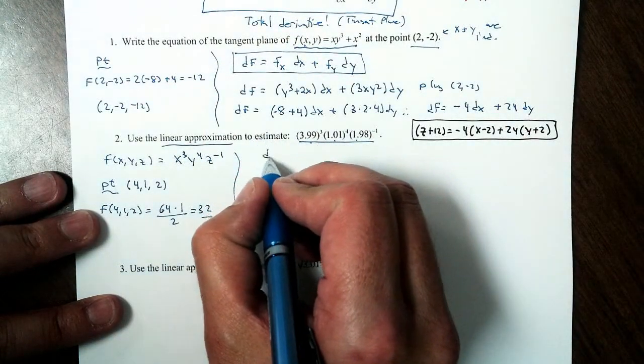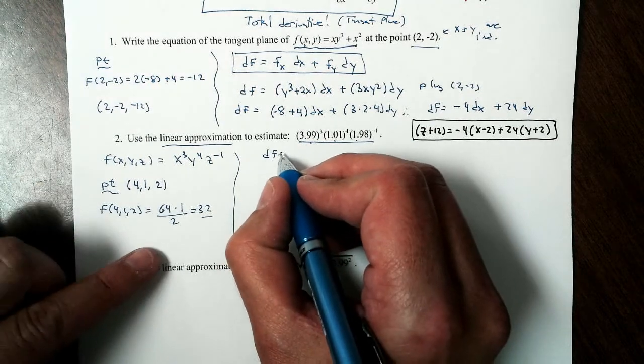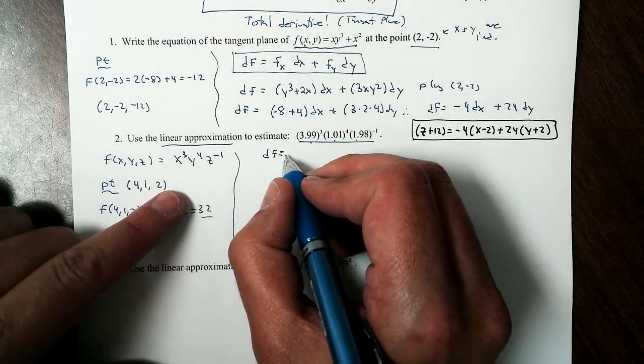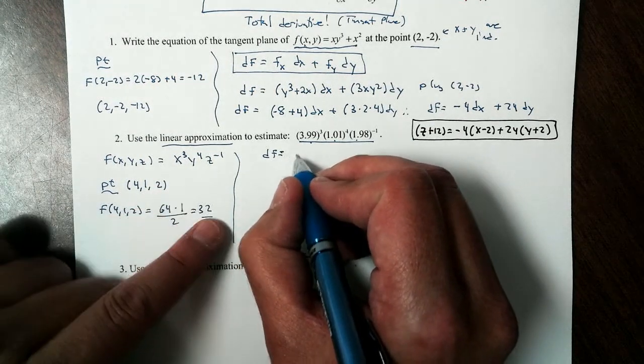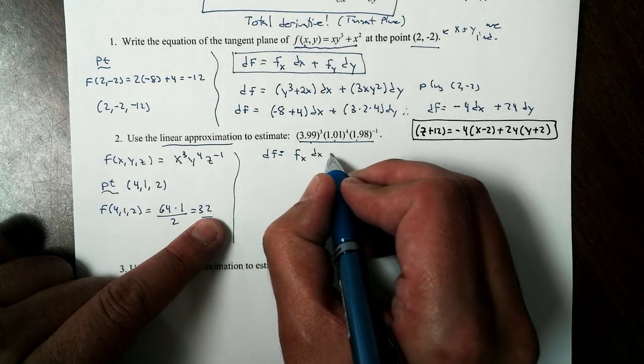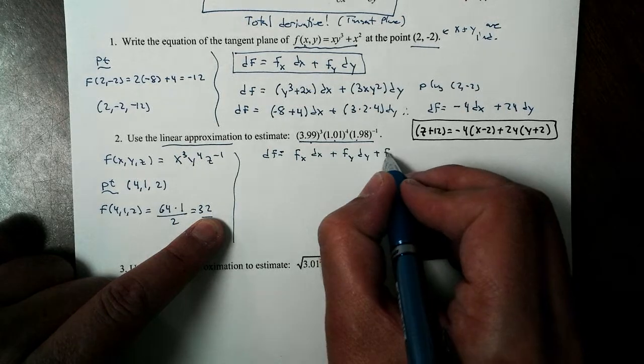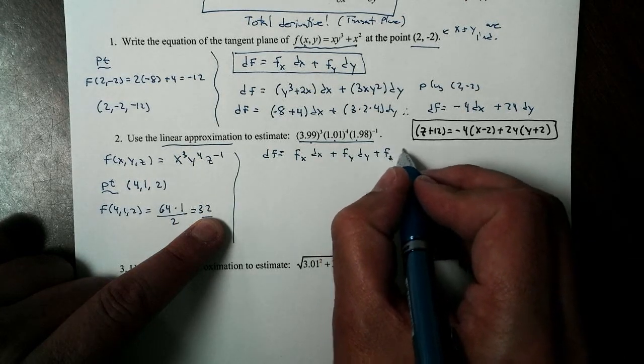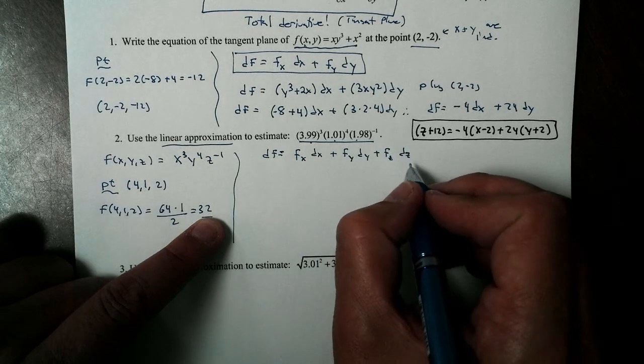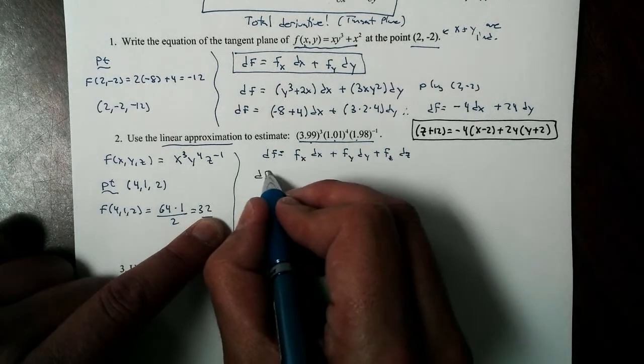So the change in my function is equal to, well, gotta get my partials. So I gotta do my derivatives. I need the partial with respect to x, dx, plus the partial with respect to y, dy, plus the partial with respect to z, dz. And I can solve this. I can do this in my head.